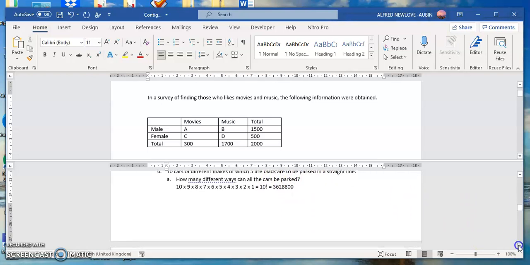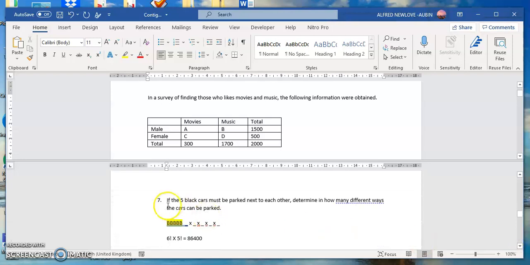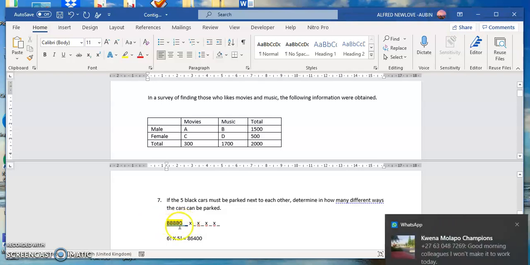Then B says, if the 5 black cars must be parked next to each other, determine how many different ways the cars can be parked. The 5 black cars, 1, 2, 3, 4, 5, are parked together, so you count them as 1. So the whole of this is 1. Then how many spaces are left? You are going to have 1, 2, 3, 4, 5, 6.